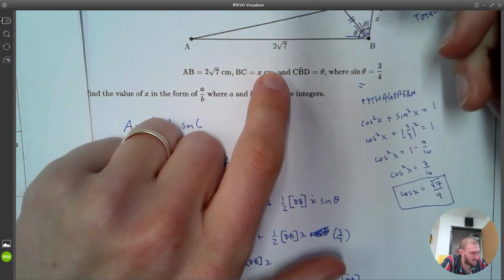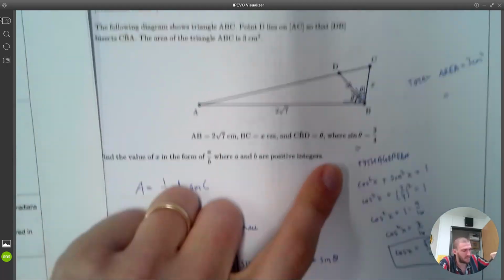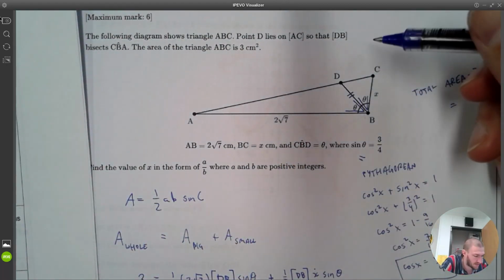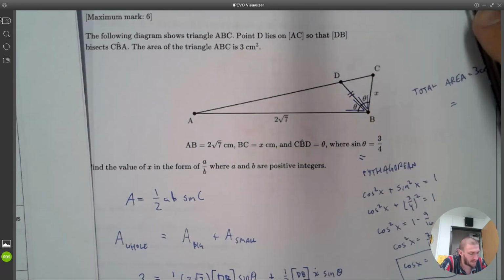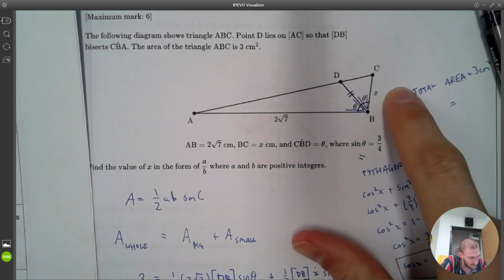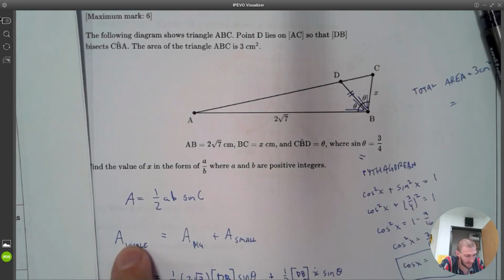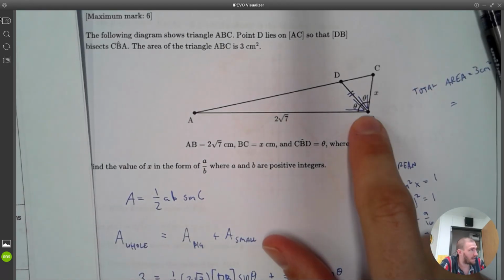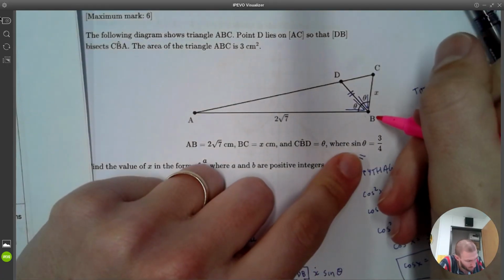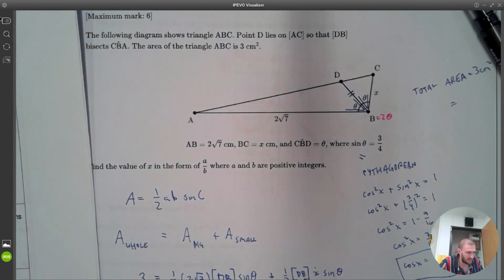The area of the whole triangle, right? We know that the area of the whole triangle is 3. And we know that this is 2 square root 7. We know that this is x. We can do the area of the whole triangle, and we can count this b, which is 2 theta.